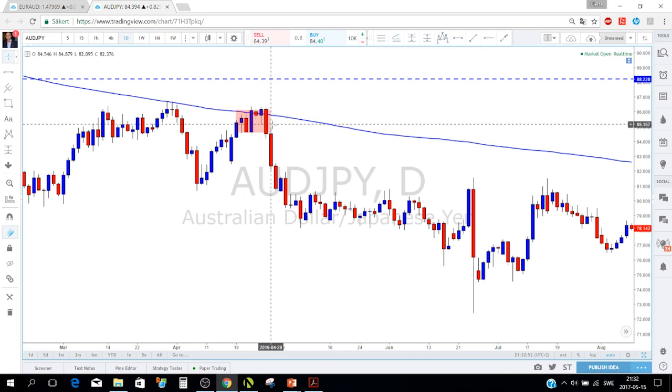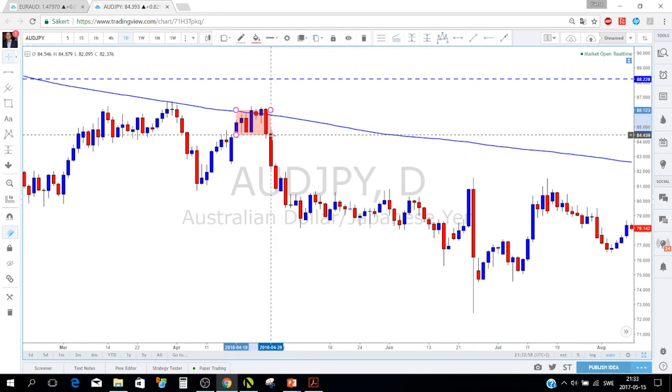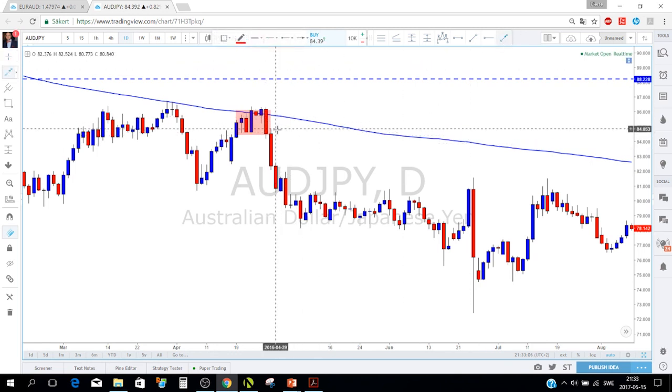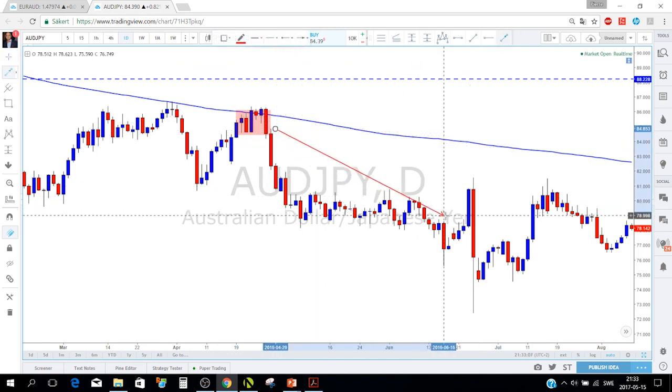This one did engulf 5 days. So another very strong engulfing candle that we got here, and the market kept heading down, as you see here.